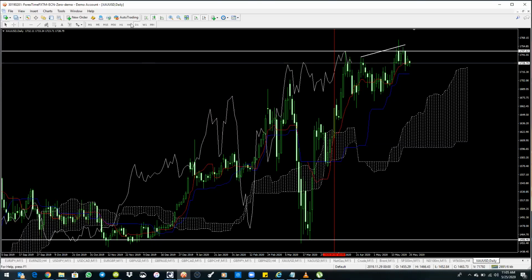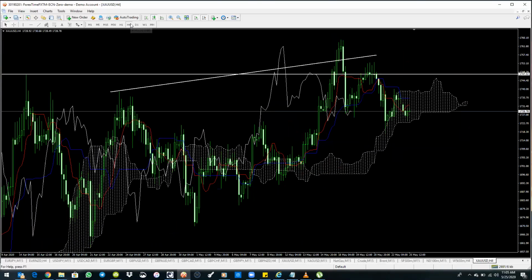So if we look at 4 hours, if we use 4 hours as our long-term time frame, we can see that at this point, this red line, the market actually turned bullish. It closed above the cloud. Market has turned bullish at this point.